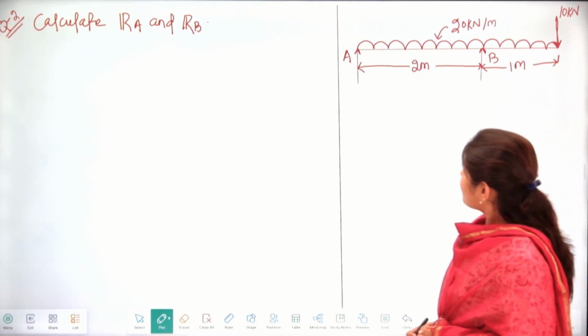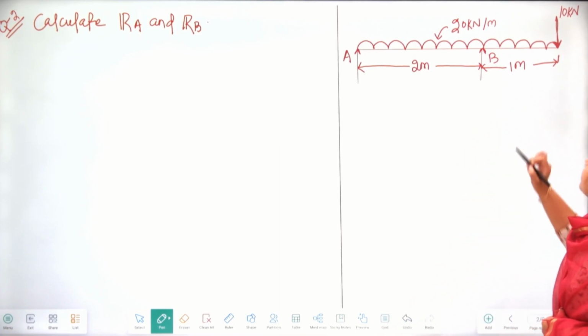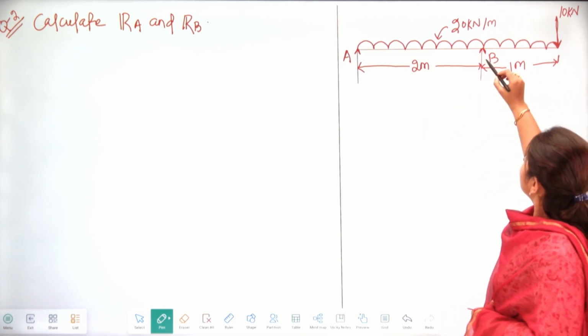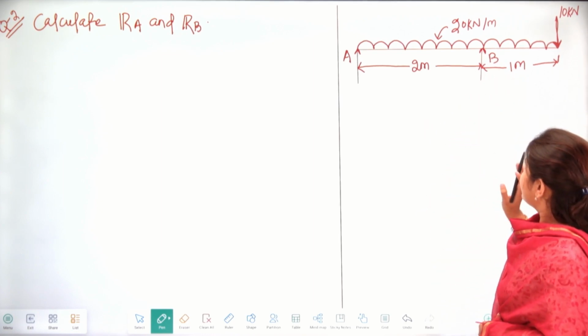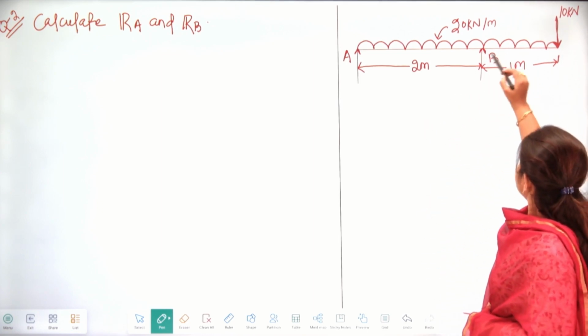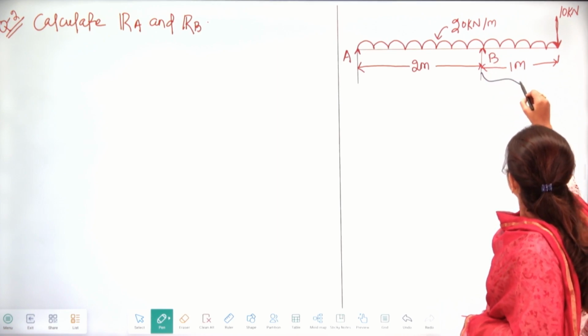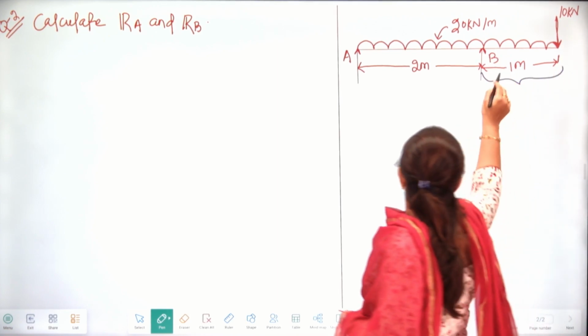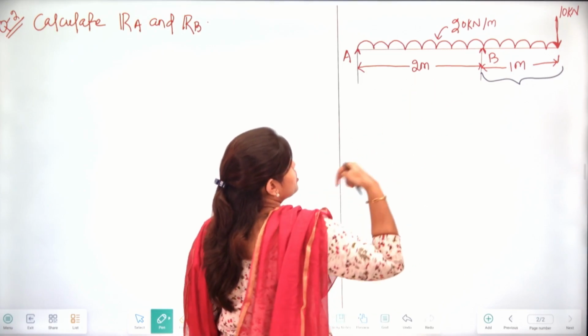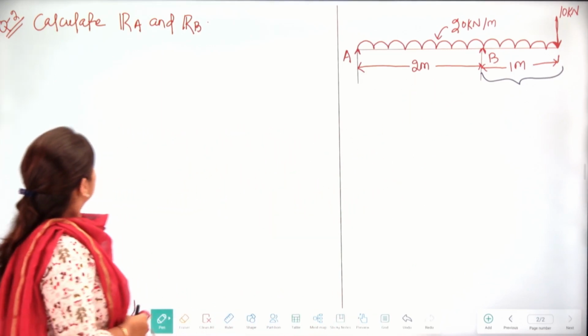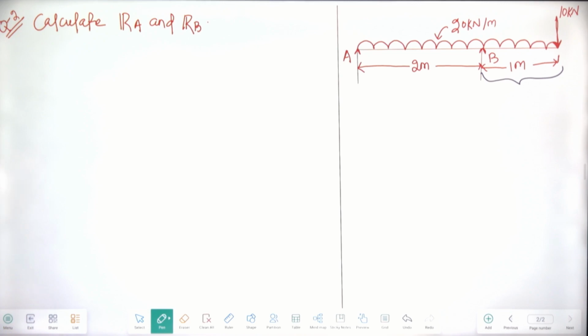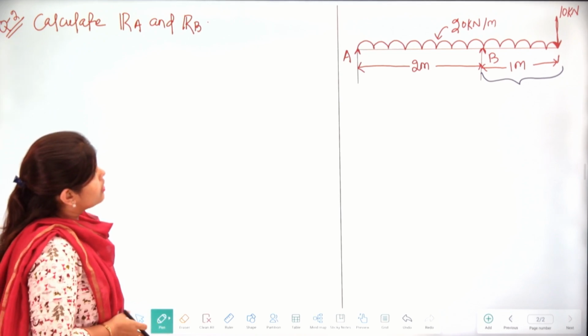Here you can see this is a different question, about an overhanging beam. You can see that this part is overhanging and the AB support is here. So the question asks us to find the reaction forces.